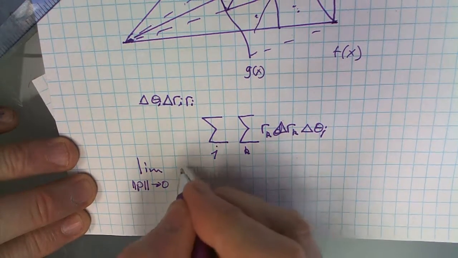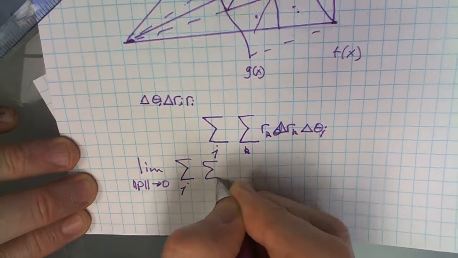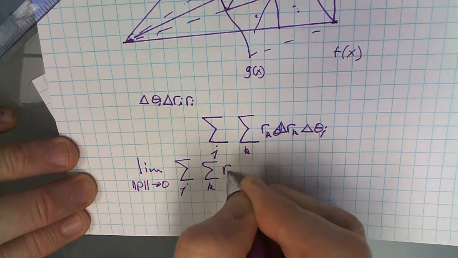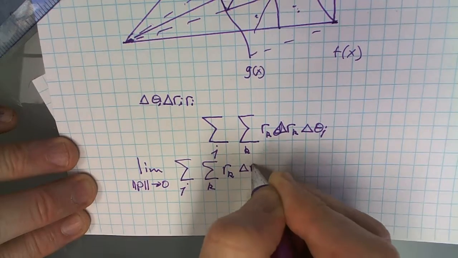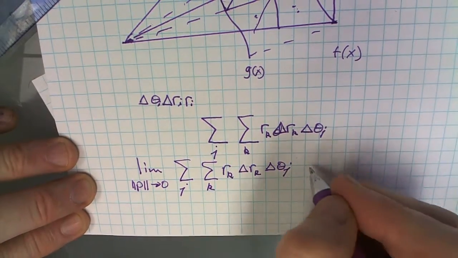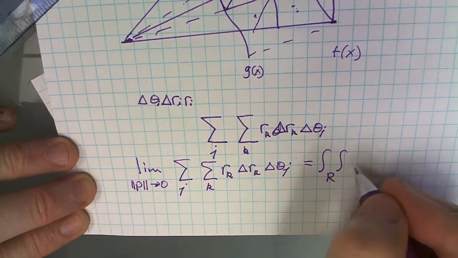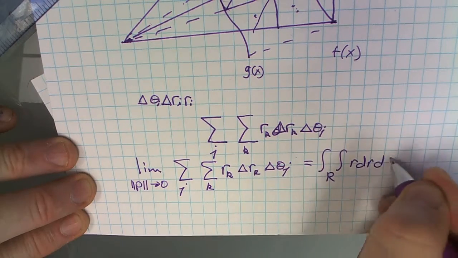If I let the norm go to 0, then I've got infinitely many of these now. We're going to say that that is this double integral of r dr d theta.